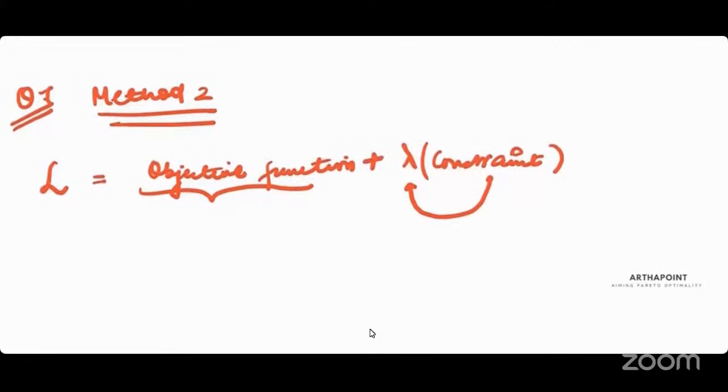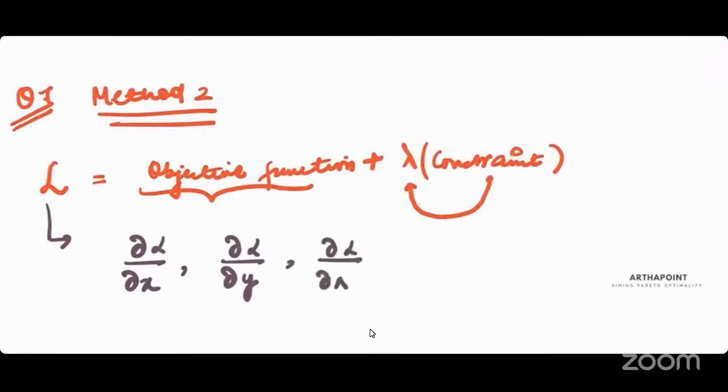This Lagrange is differentiated with respect to all the variables that you have in mind, but it is also differentiated with respect to the Lagrange multiplier. Ideally, whenever you differentiate with respect to Lagrange multiplier, you will actually get back your constraint.